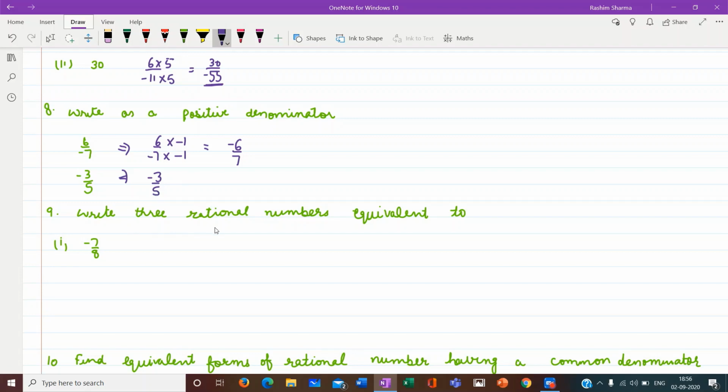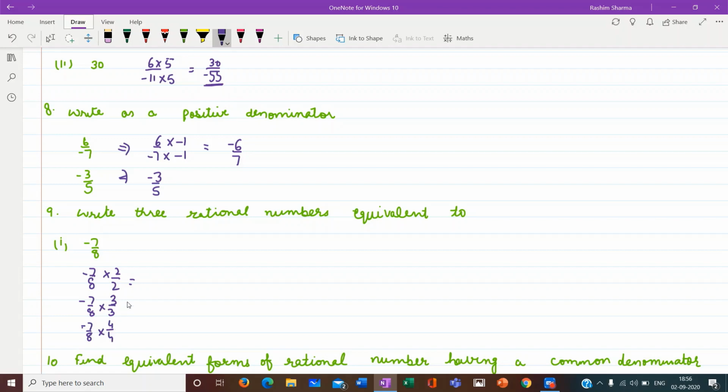Next, write 3 rational numbers equivalent to minus 7 on 8. Equivalent rational numbers, as I told you above, we will multiply the rational number, both numerator and denominator, with the same number. So we can take multiplying with 2, 3 and 4.